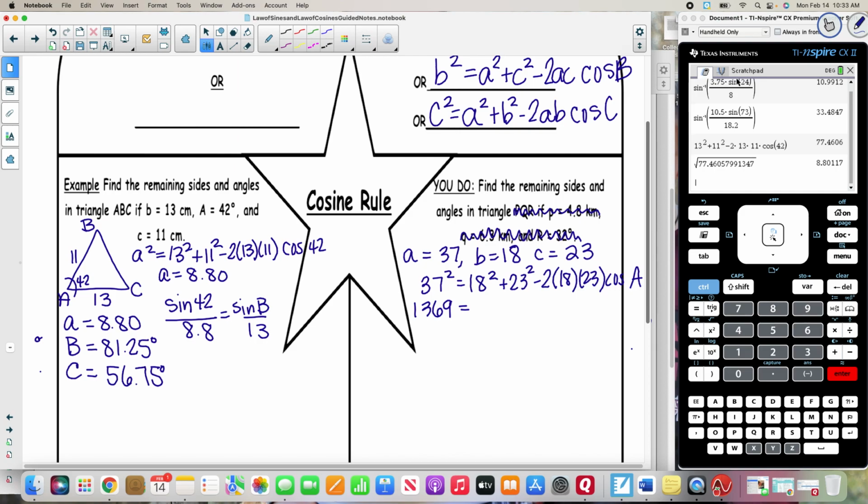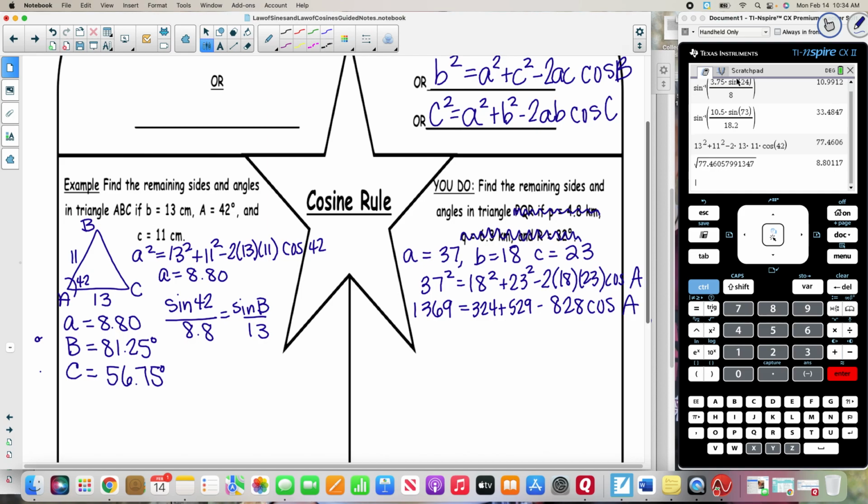Parker Page, tell me what 18 squared is. Charlie Norris, tell me what 23 squared is. Robert, tell me what 2 times 18 times 23 is. 828.